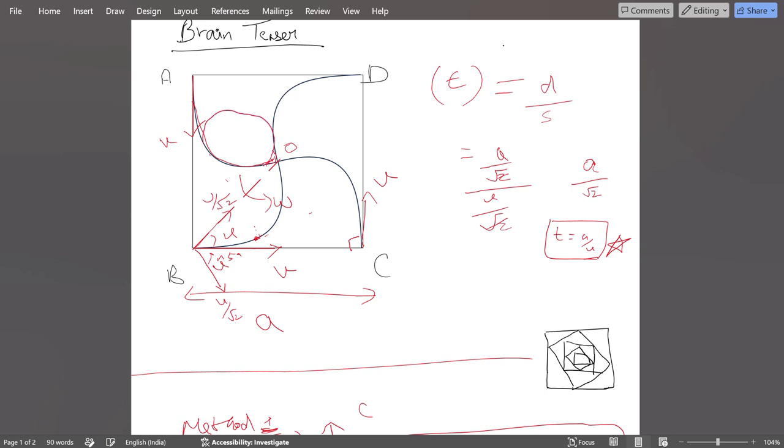The motion would be something like this, and again reaching out here. So they are asking about that distance.